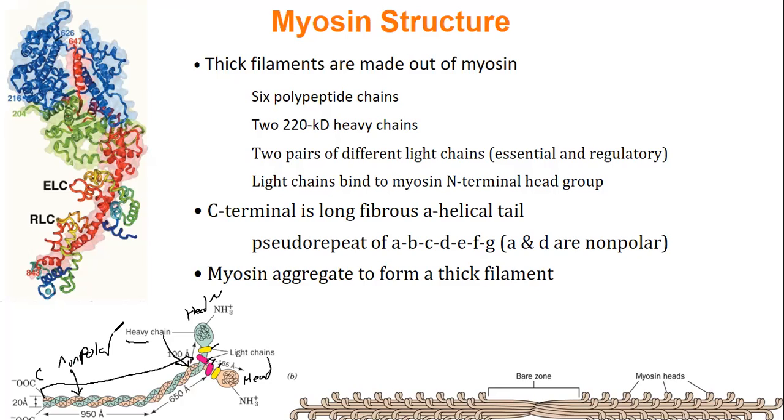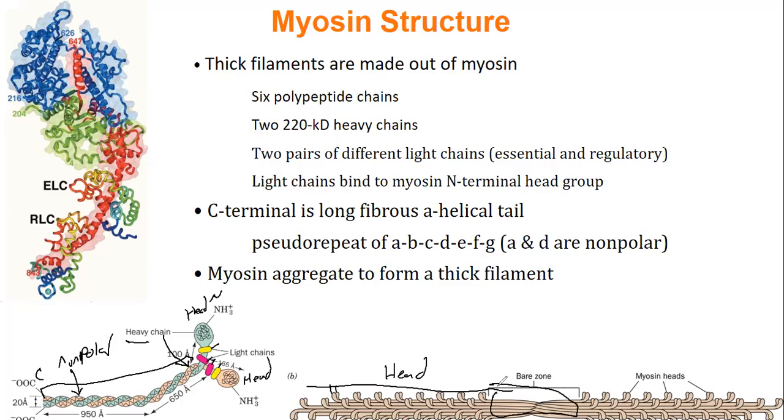When we look at myosin in the structure of muscle, what we see is that they're kind of lined up, right? So each one of these pair of heads, that's myosin. So you have an area that's full of myosin heads, but then you have a bare zone, right? This is where there's nothing but tails.